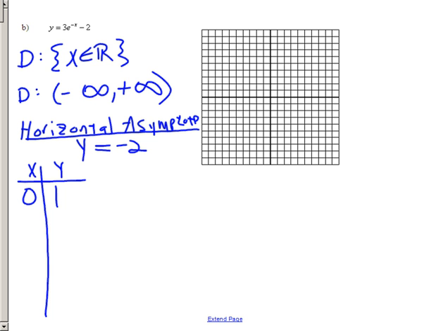If we plug in -1, e to the negative of -1 becomes positive 1. So we get 3e minus 2. If we plug in a 1, we get e to the negative first power, or 3 over e minus 2.